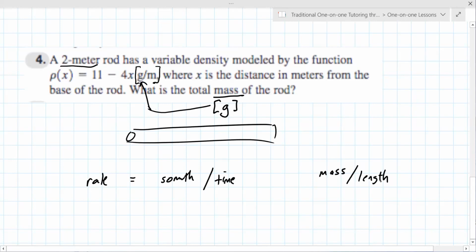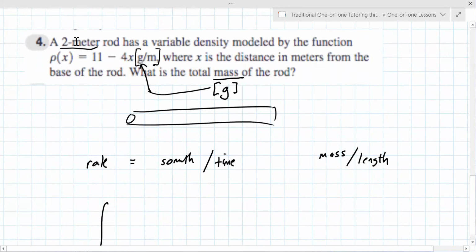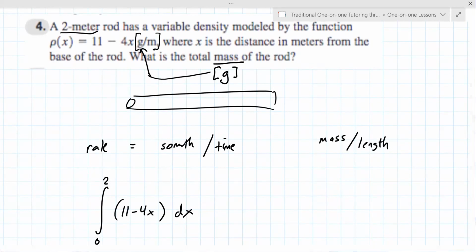And then the standard thing is you integrate. But they don't tell you it directly. They say it's a 2-meter rod, so you integrate from 0 to 2, 11 minus 4x dx. Something like that.